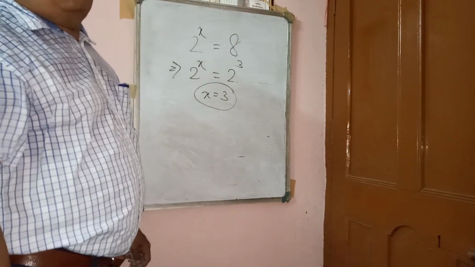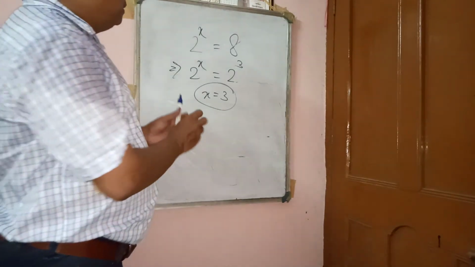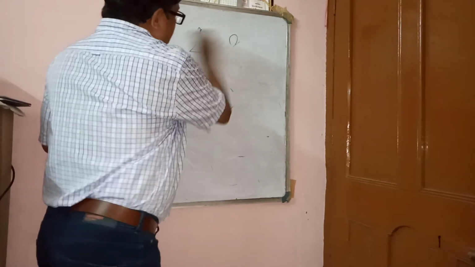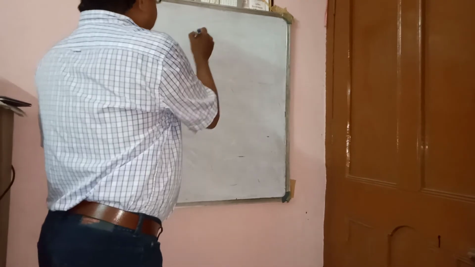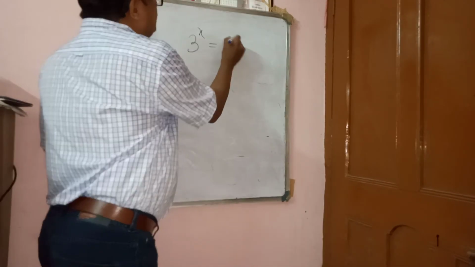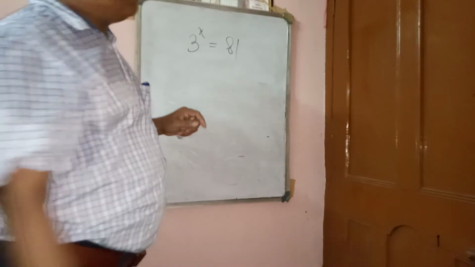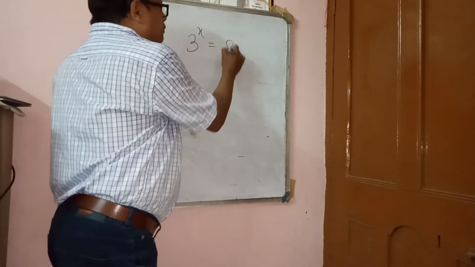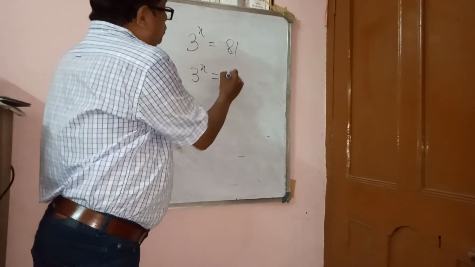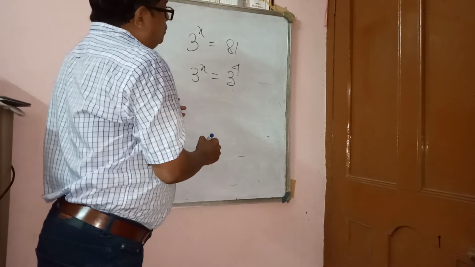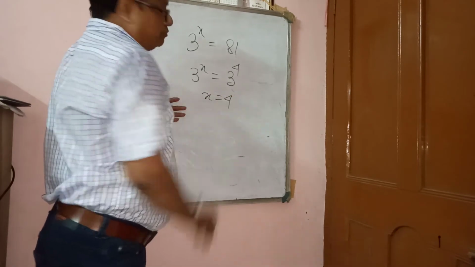Understood? Similarly, suppose 3 to the power x equal to 81. You can write 3 to the power x equal to 3 to the power 4, then x equal to 4.